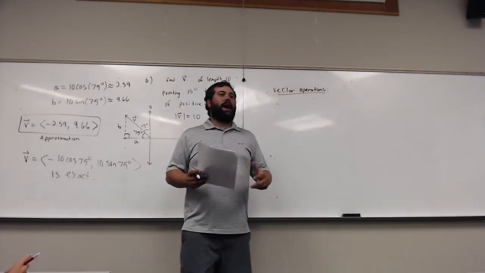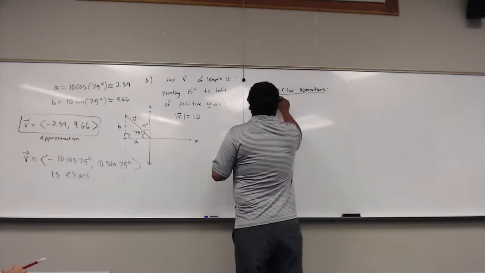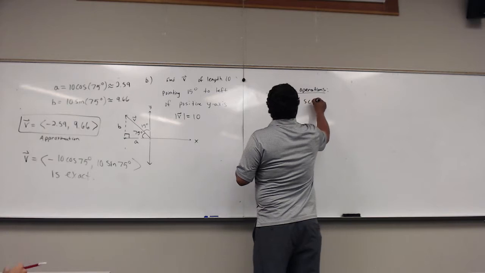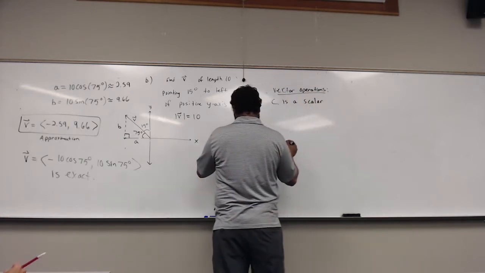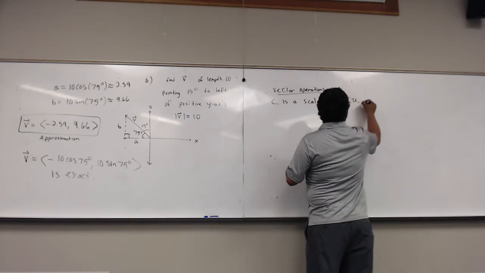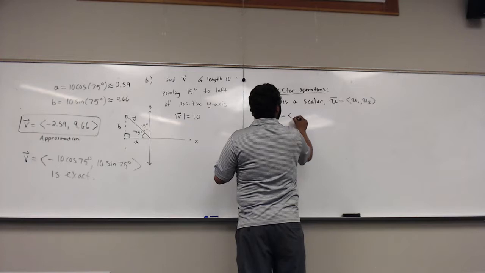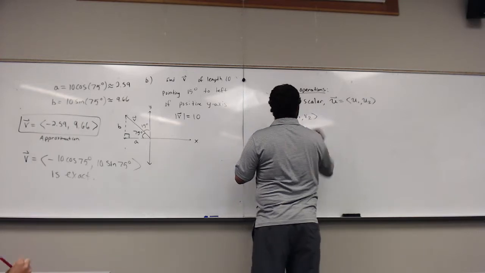There's also a way to add and subtract vectors just using the components. So if c is a scalar, so that just means a real number, let's say the vector u has components u sub 1, u sub 2, and the vector v has components v sub 1, v sub 2.